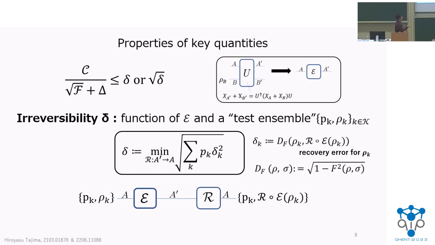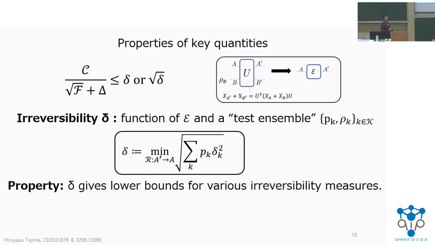So we can define the recovery error for each initial state. Here, d_F is the purified distance, which is defined by this. This F is the Uhlmann fidelity. And we define delta as the minimum average of the recovery error over the initial states.